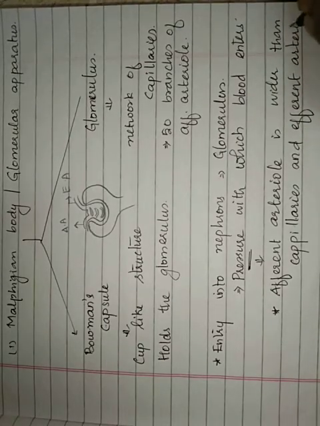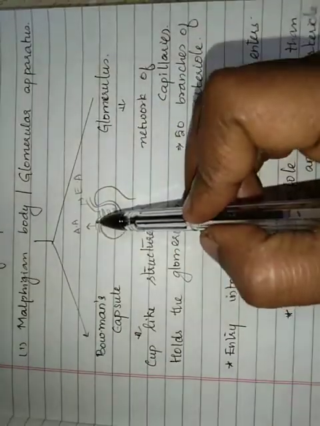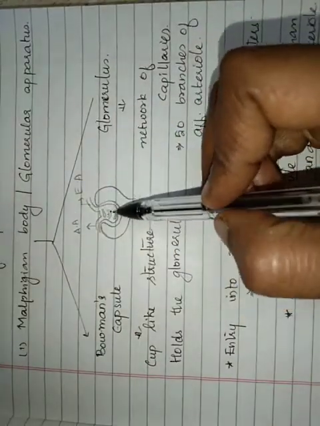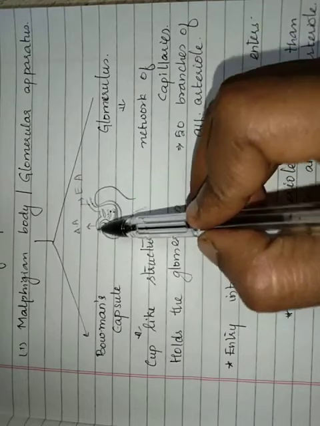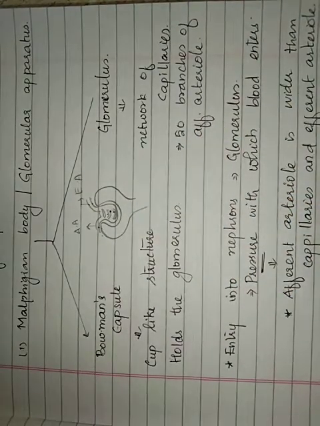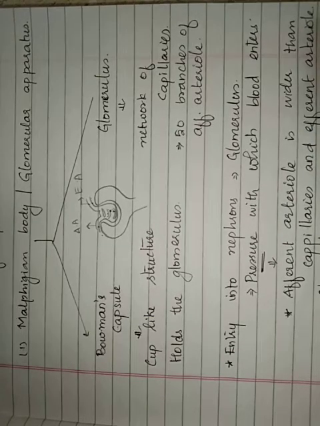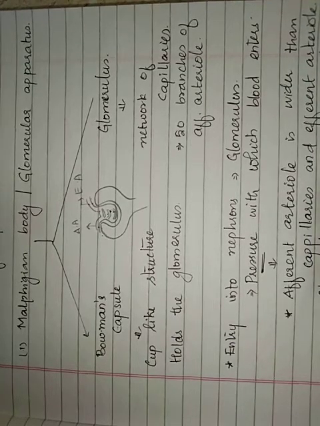So while coming in, the blood is coming through a wider blood vessel. The afferent arteriole is bigger than these two parts, that is, the glomerulus and the efferent arteriole. So more blood is going to come in. When more blood is coming in, the glomerulus, which is first receiving it, cannot accommodate all the blood that is coming in.